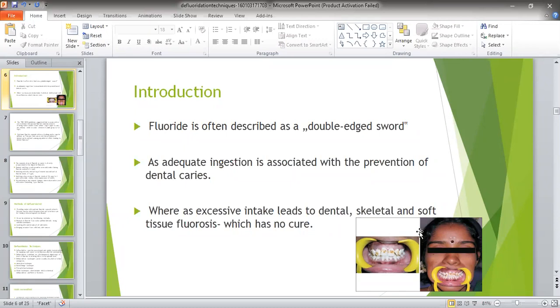So we have to be very careful while we are introducing fluoride in any dietary source, in any drinking source, or any other source. If we are taking it topically, taking it systemically, in any salt, in any drinking source, we have to be very careful about the optimum level of fluoride.